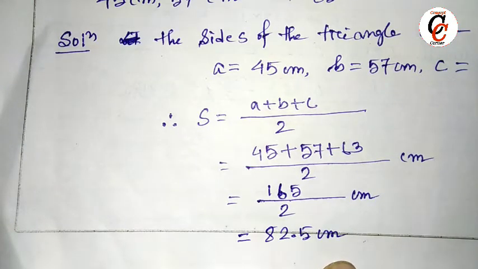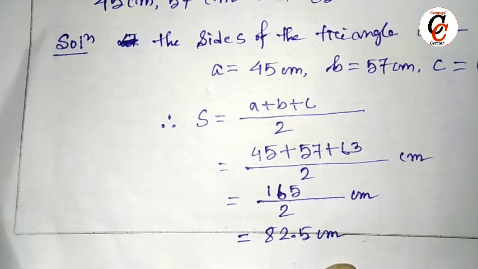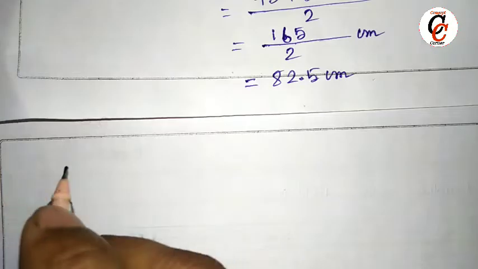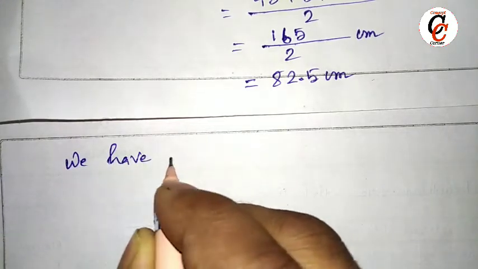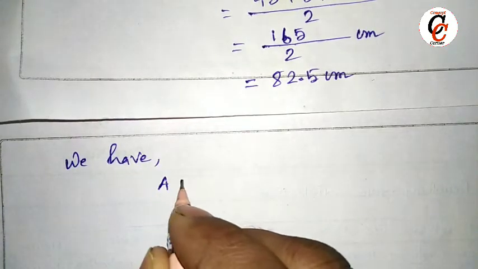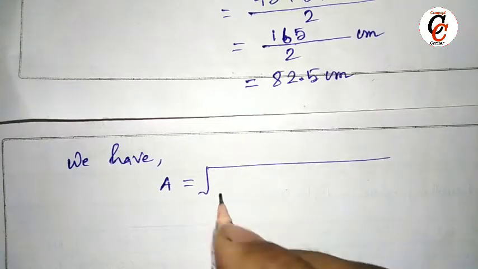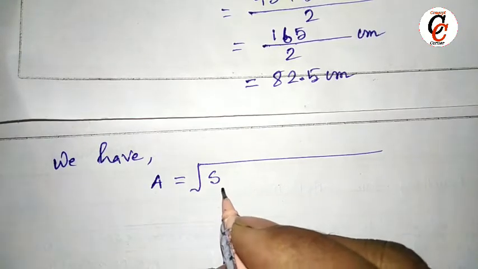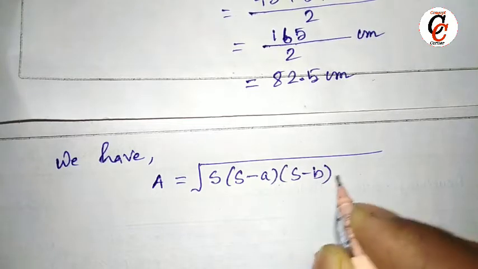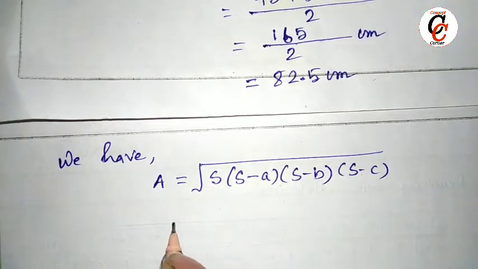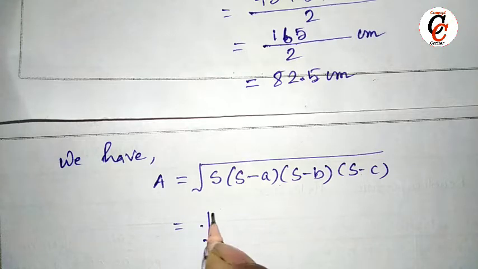Now we will use Heron's formula to find the area. We have the area is equal to root over s into (s minus a), (s minus b) and (s minus c). So put the values.